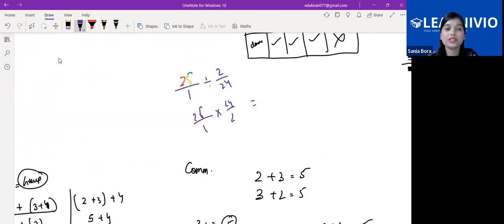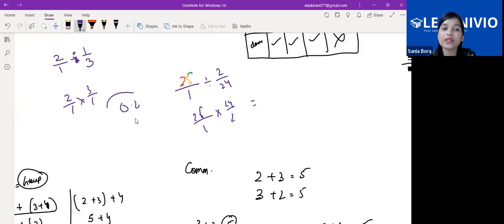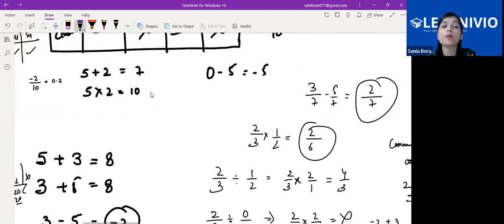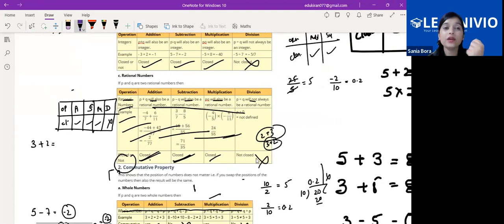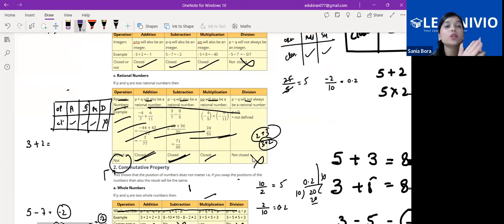So when you solve it, it's not always obvious that you will get the answer as a rational number. You can get the answer in decimals as well. So that's why the closure property is not applicable when you are dividing two rational numbers.